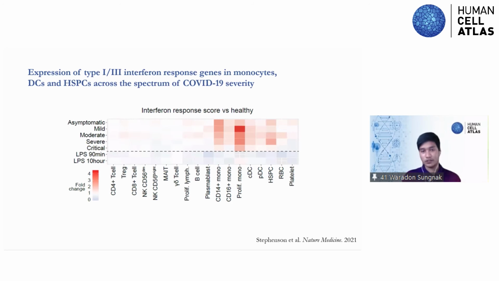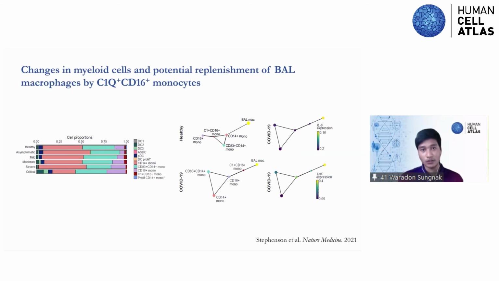So what struck us from the beginning was the enrichment of interferon signatures across almost all of the different cell types, particularly in the myeloid cells like monocytes and in the dendritic cells, as well as in hematopoietic stem and progenitor cells across different COVID-19 severity. We also found a very interesting monocyte that is CD16 positive, as well as expressing complement C1q.